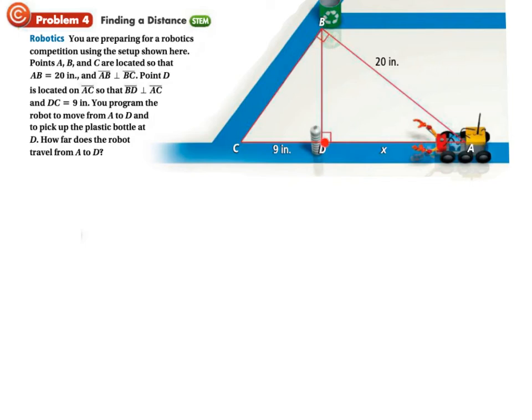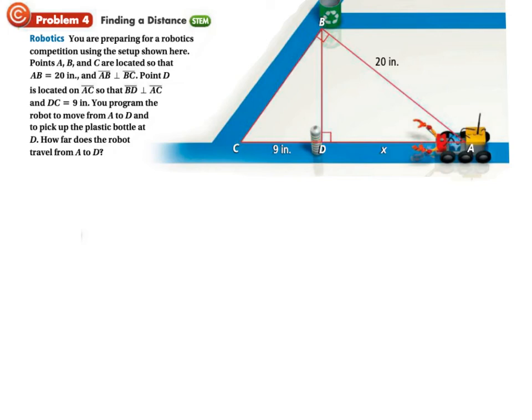Point D is located on AC so that BD is perpendicular to AC. Now we've got that altitude dropped down. We know it's an altitude because it's going from the vertex at the right angle, perpendicular to the other side. And we know that DC here is 9 inches.